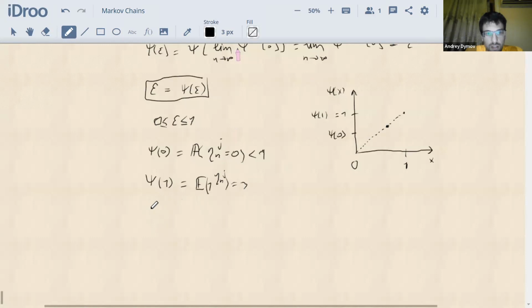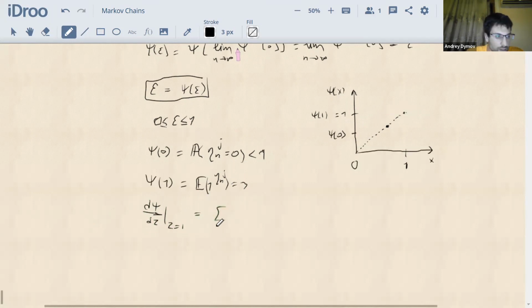So to understand where this point can be situated, let us also compute the derivative of psi over its argument at the point z equal to 1. So the derivative at this point.